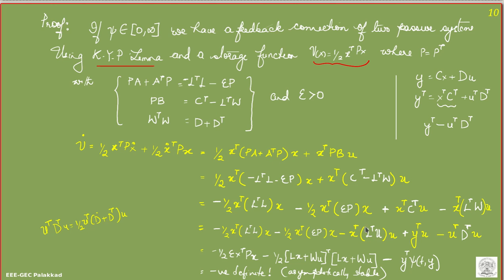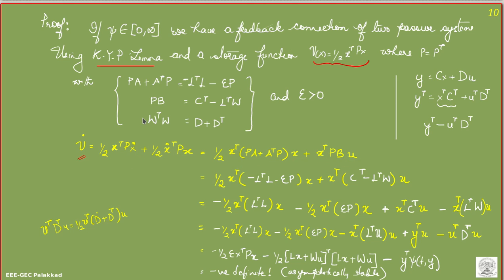This might look difficult, but it is not difficult. The only thing is that you have to remember these relations and use V dot. V we know is half of x transpose Px. We take the derivative to get V dot: half of x dot transpose into Px plus half of x transpose P into x dot. So we get it in this form.